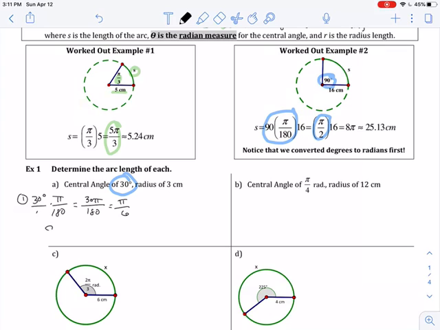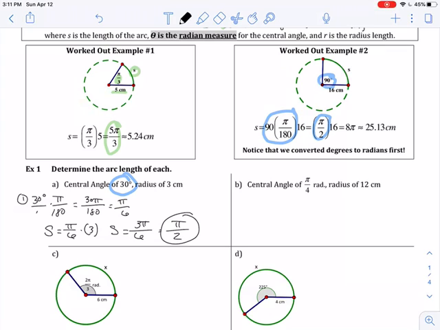So S is that arc length we don't know, times the angle, and then times the radius, which is 3. So I'm going to multiply that by 3, and that would end up with 3 pi over 6 or pi over 2. Okay?